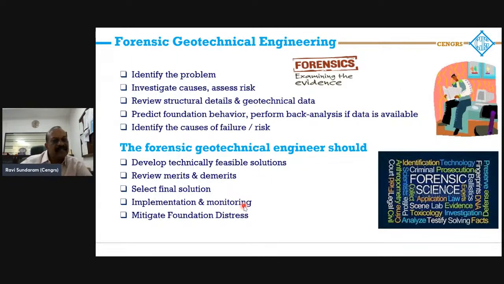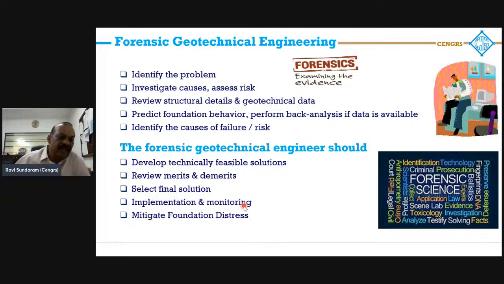So, what does forensic geotechnical engineering involve? First, you identify the problem, investigate the causes, assess the risk. Then you review the structural details, the geotechnical data, predict the foundation analysis, perform a back analysis if you have the data to do it.